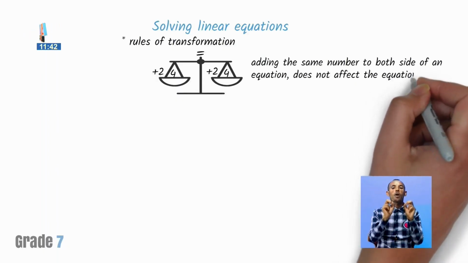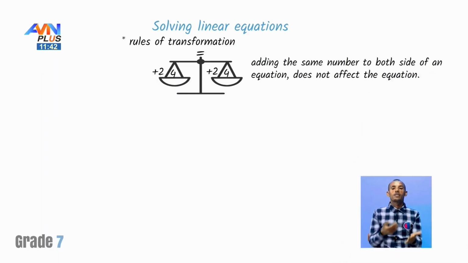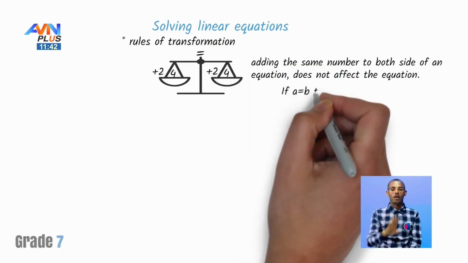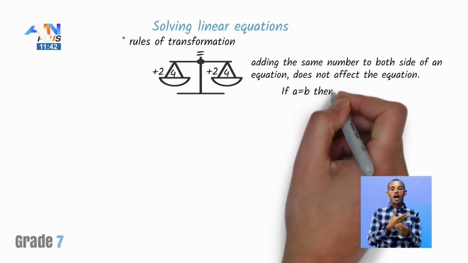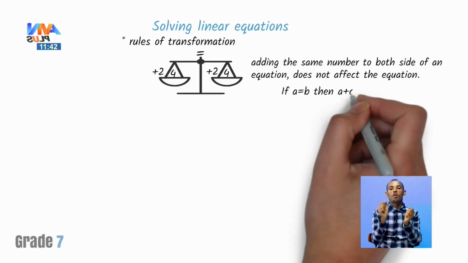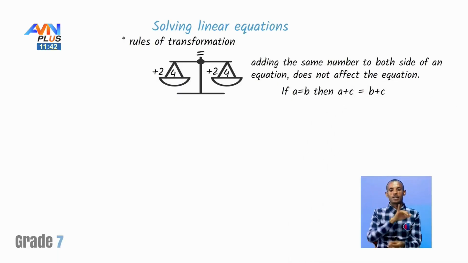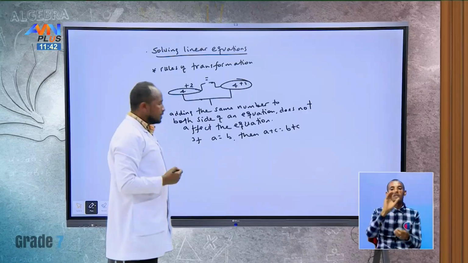This means if A is equal to B, then adding the same number C to both sides, A plus C will be the same as B plus C. This is the first rule.